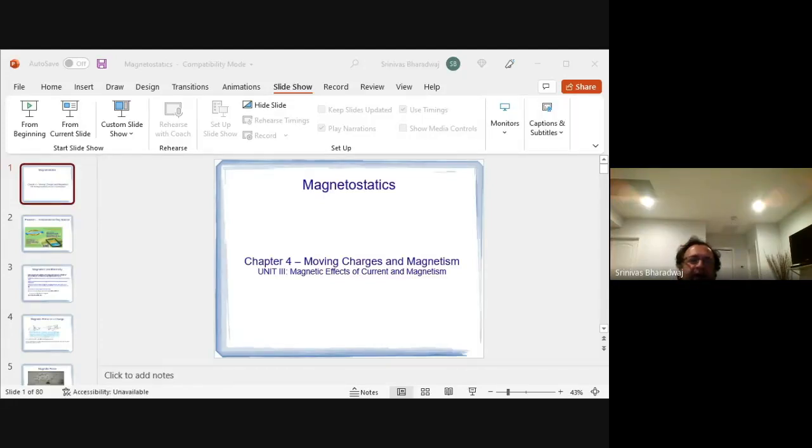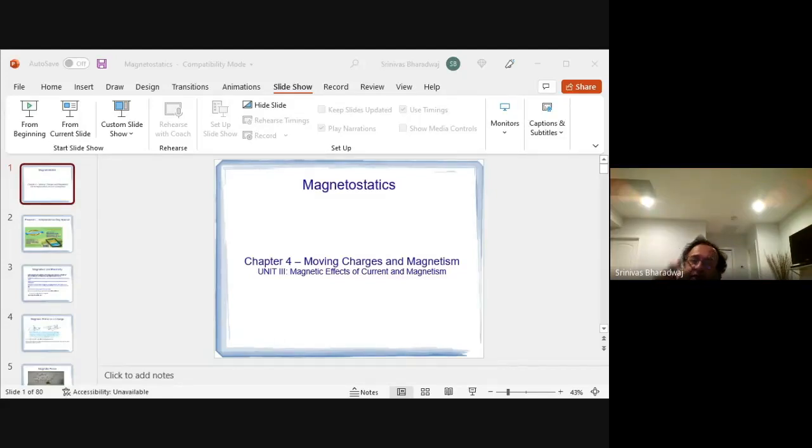If you had an infinitely long conductor, you notice that at each point you have a dB in a certain direction, and several of these will cancel out in these directions, but you have a net component in the Z direction, and all those Z components will add up. The X direction components will all cancel because of the symmetry.